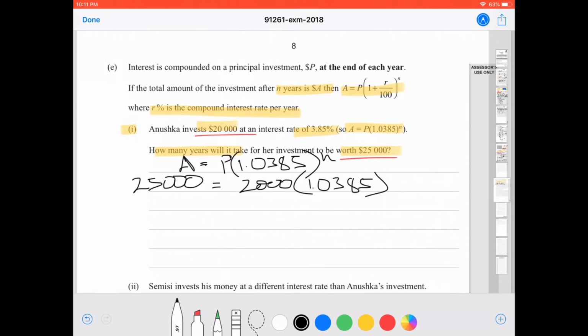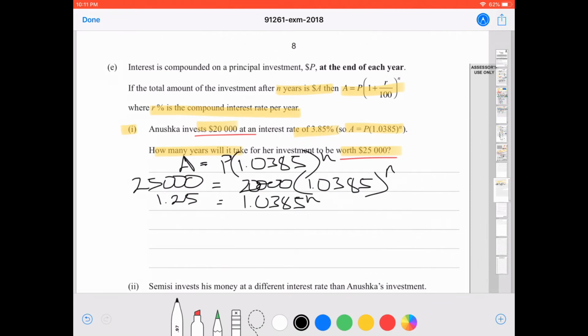The first thing we can do is go 25,000 divided by 20,000. I'm missing a 0 in here, aren't I? 20,000. That is 5 over 4, or you could say 1.25, equals 1.0385 to the power of n.